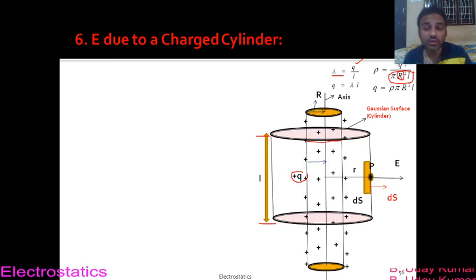So please check it, because Q is present in which volume element? Pi capital R square L volume element has Q, not pi small r square L. Pi small r square L is going to be the volume of the Gaussian cylinder, which is not even there. We are just imagining it. Is that clear?